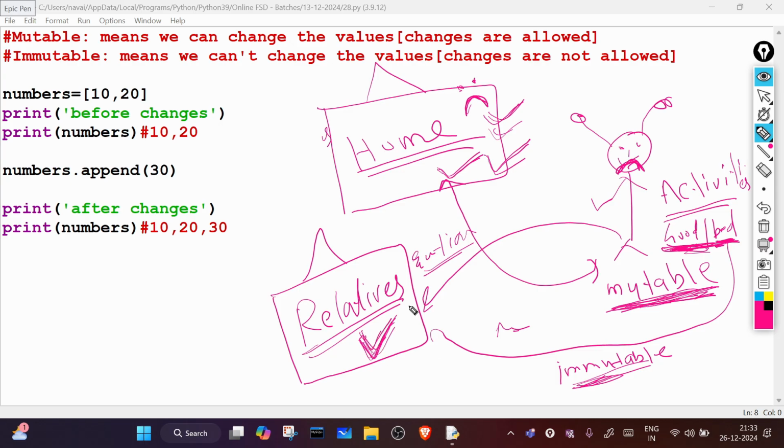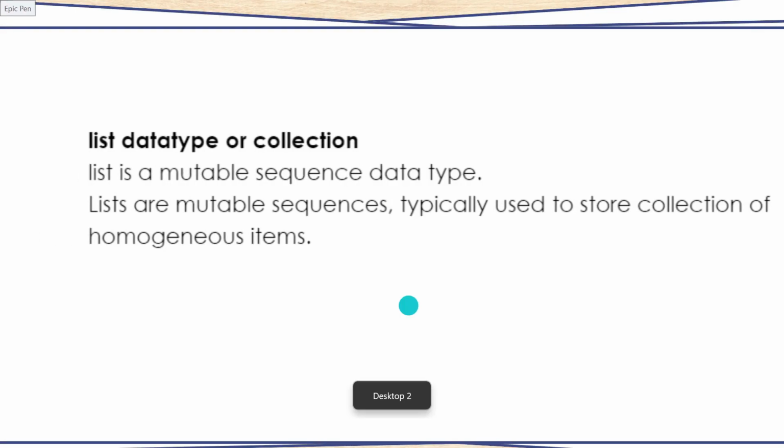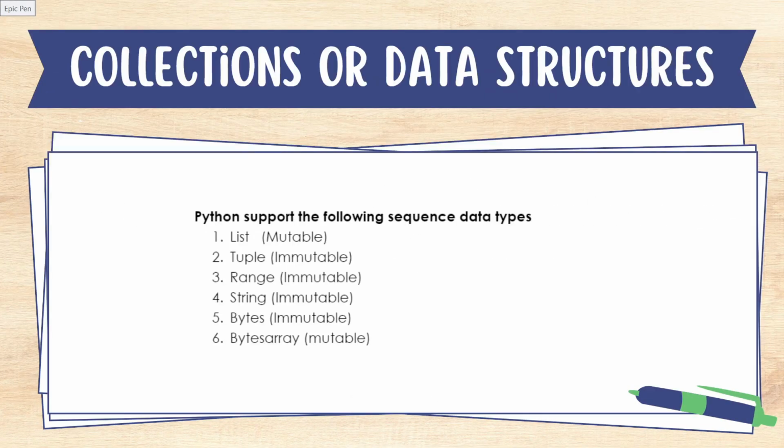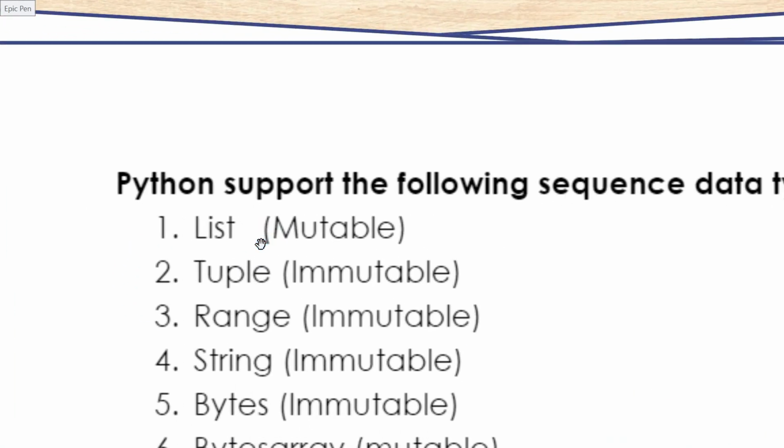This is the same concept here in string also, mutable and immutable. Mutable means whatever changes you do on the list, the changes will reflect on the original as well. Original means your parents, and the list is you.